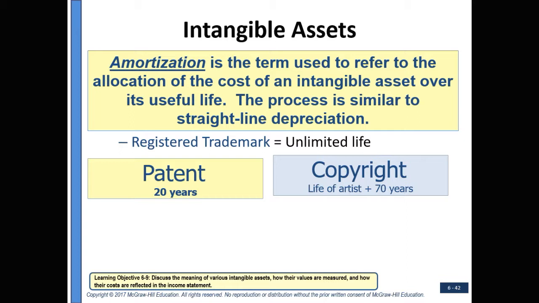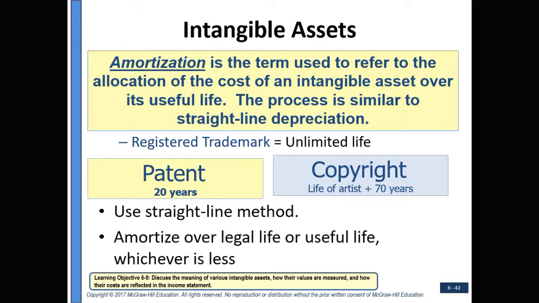A registered trademark has an unlimited life, and a copyright equals life of the artist plus 70 years. Using the straight-line method, an intangible asset is amortized over its legal life, the 20 years, or life of the artist plus 70 years, or its useful life, whichever is less.